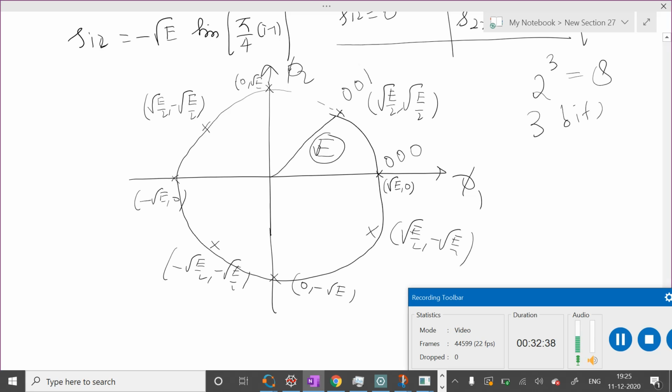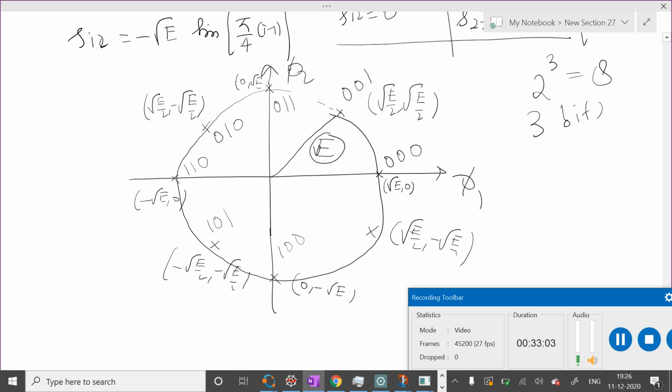I will go for gray coding, so the next is 011, the next 010. Just see, I'm doing gray coding, only one bit is changing. The next I can write as 110, then 101, and then 100.